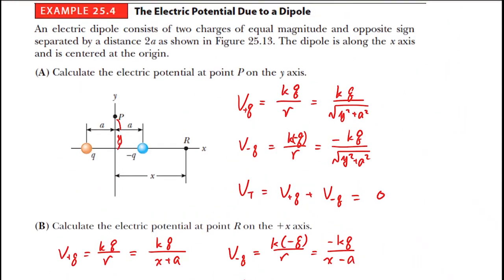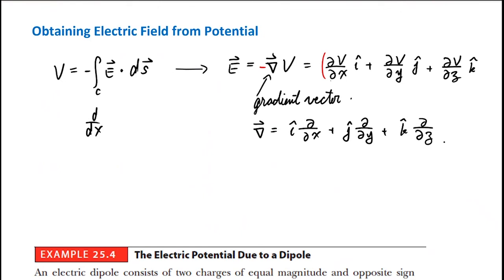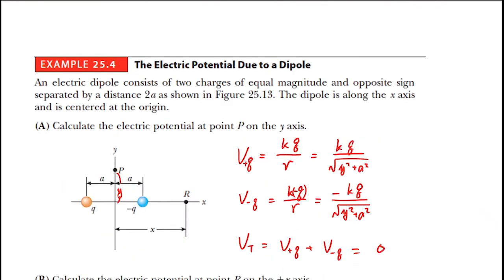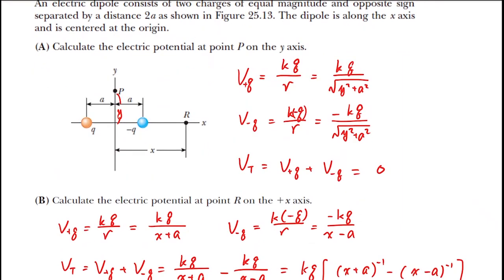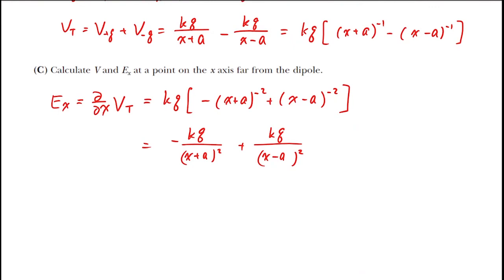I screwed up here. We need a minus sign there, because the way we defined it, we have a minus sign here. So we want the opposite of everything: a minus sign there and then a minus sign here. That makes this plus and this minus, and that's exactly what we want.